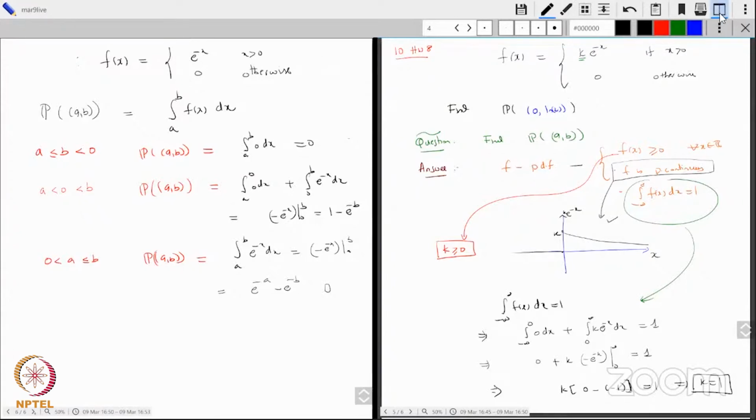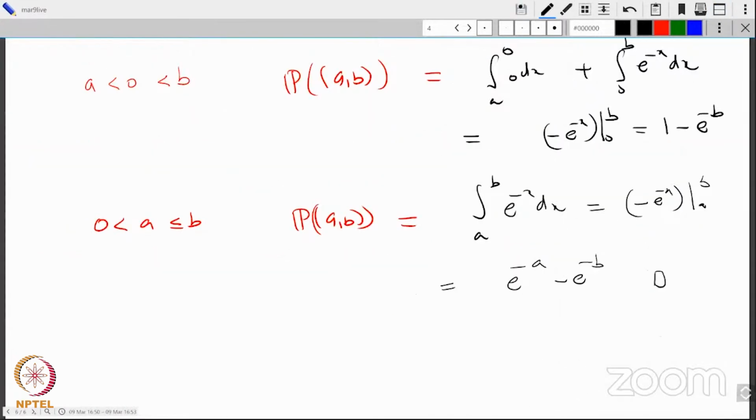So let's do one conceptual problem and I'll stop for the day. See, suppose I do the following. This is like, again, this is like homework 8. This is that sort of problem. So here, the idea is the following.